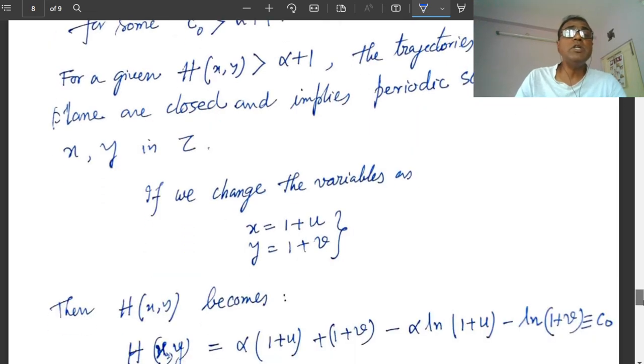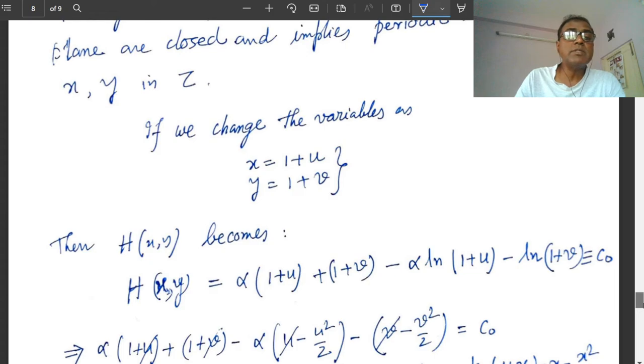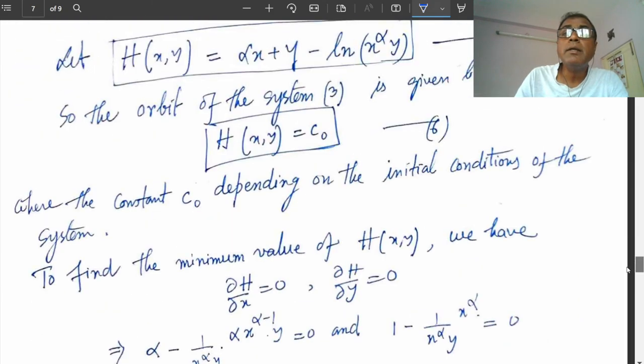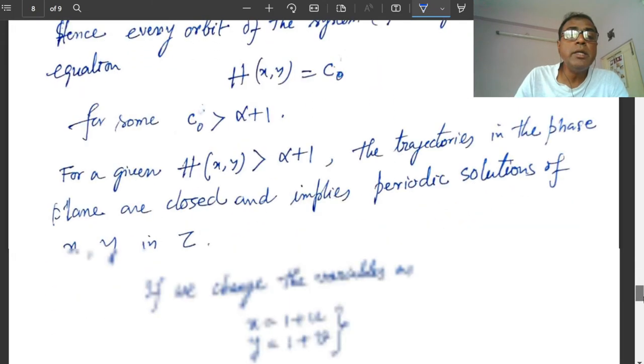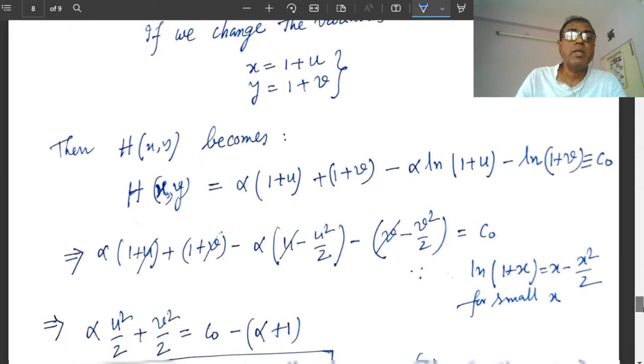Now, if we change the variables x equals 1 plus u and y equals 1 plus v, then H(x, y) becomes this. Put in the value of the function H given by equation 5: α times (x minus ln x) plus y minus ln y equals c0, with x meaning 1 plus u and y meaning 1 plus v.